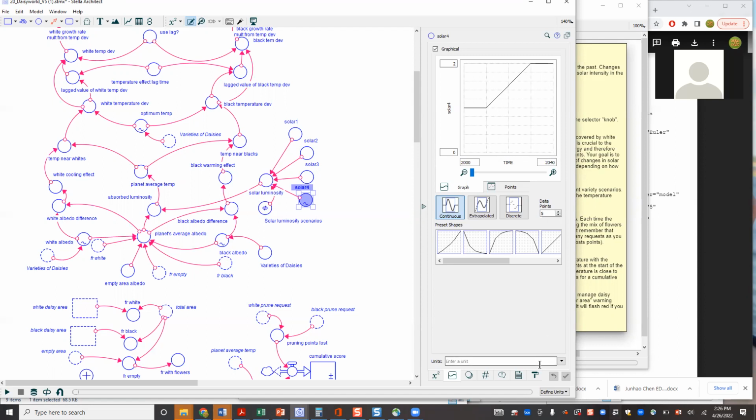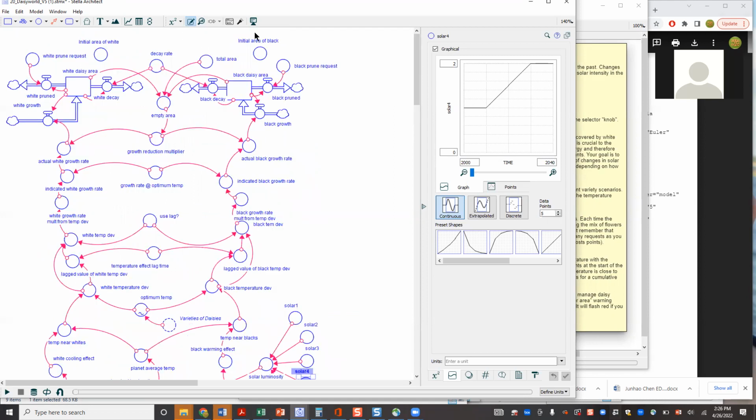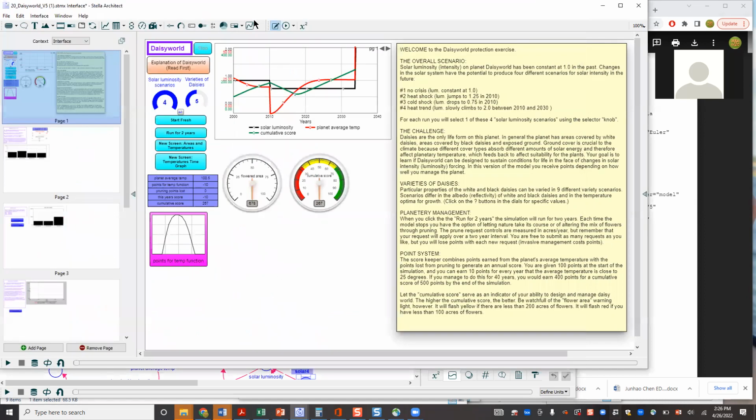So, how is the thing going to respond to this scenario? What I'd like you to do is talk through your expectations with your nearest neighbor. Now that you have some understanding of how this model works and what the feedbacks are, imagine how this model is going to respond, predict behavior, and then try running the model, so that you're actually thinking and talking about this. Again, predict how this might work with a scenario where we are ramping up our light intensity.